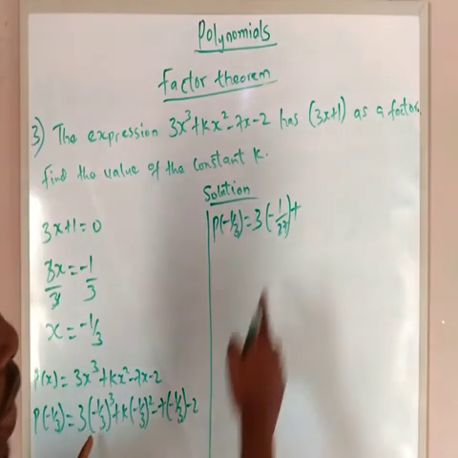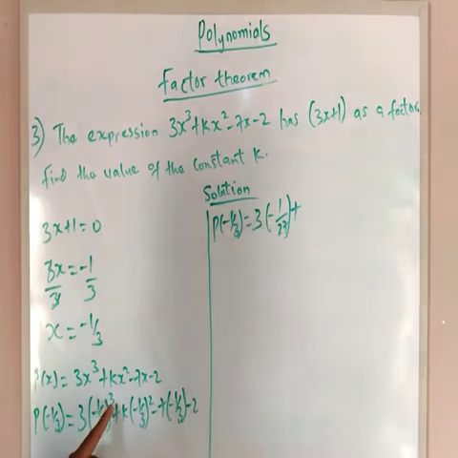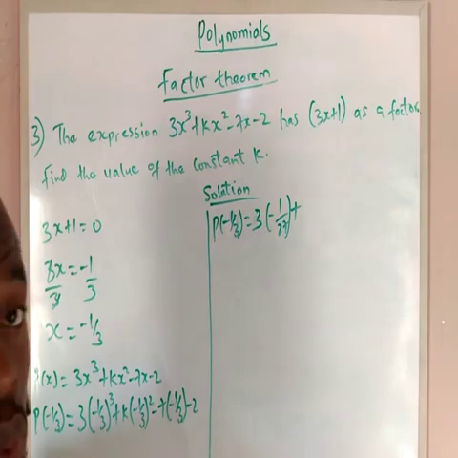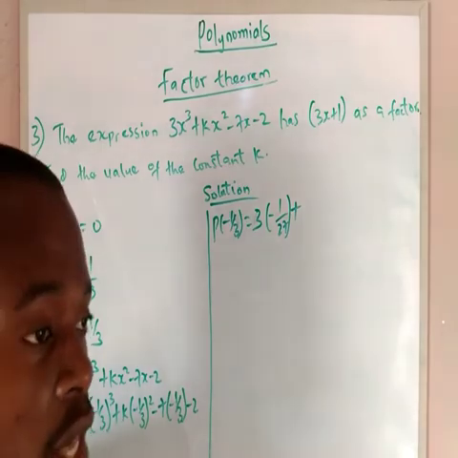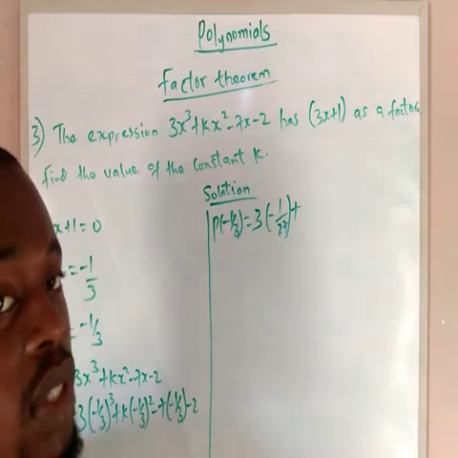The reason why we have minus here is that we have cube, so it will return the minus for us, but here we have square. When we square anything, even if it is negative or positive, our answer will still be positive.